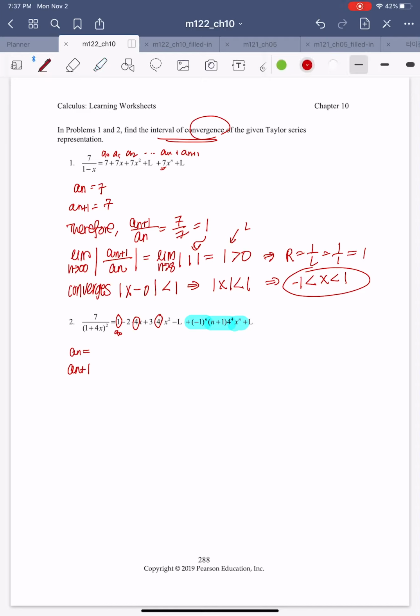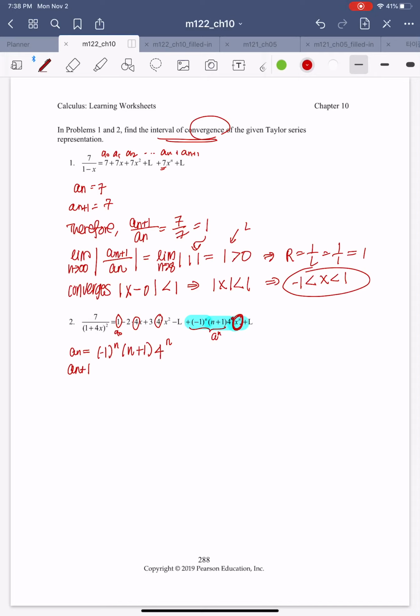I think there's a typo. This should be n. So you have -1 to the nth power, n plus 1, and 4 raised to the nth power. This part is your variable part, and this part over here is your coefficient part.